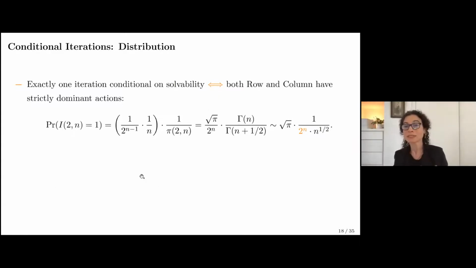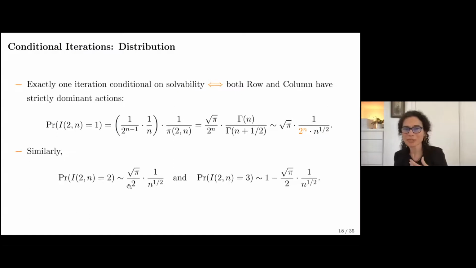Now, the probability of that is just multiplying the probability that each of them has a strictly dominant strategy. And we're dividing here by the probability of dominant solvability just because we're looking at the conditional. And if you do the math, asymptotically, this goes down to 0 very fast, in fact, exponentially. So these games that are solvable with strictly dominant strategies, they're a rare animal.